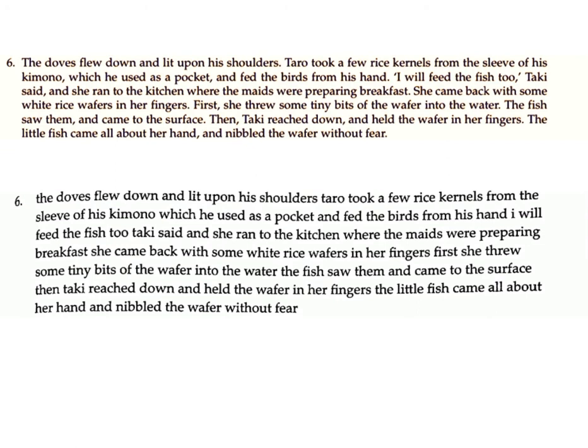She came back with some white rice wafers in her fingers. First, she threw some tiny bits of the wafer into the water. The fish saw them, and came to the surface. Then, Taki reached down, and held the wafer in her fingers. The little fish came all about her hand, and nibbled the wafer without fear.